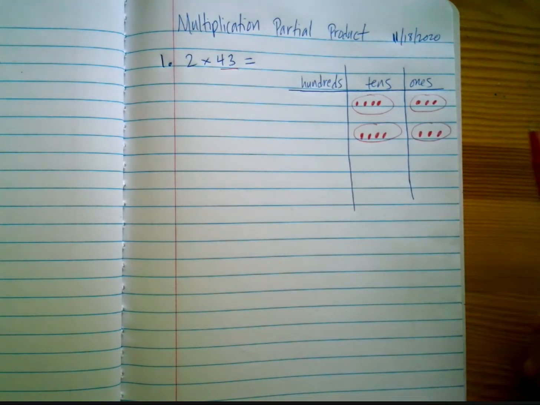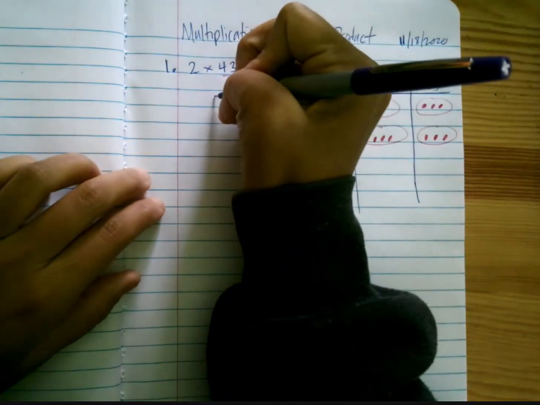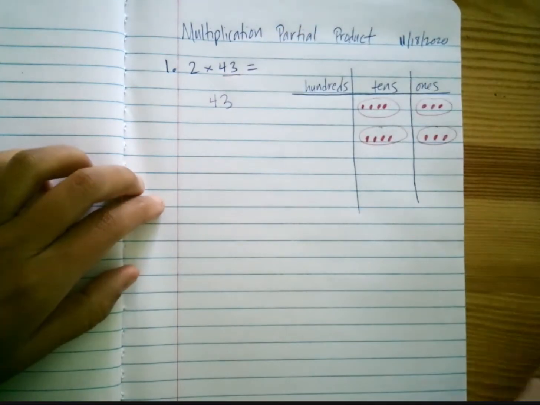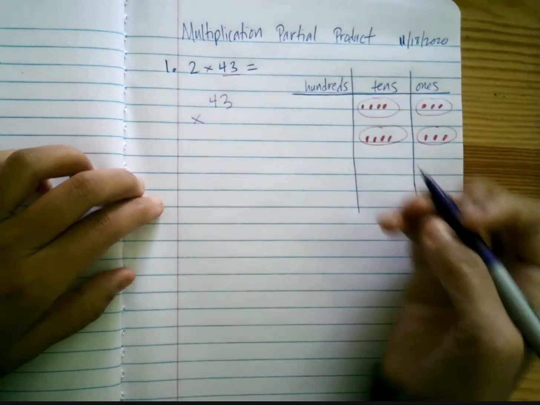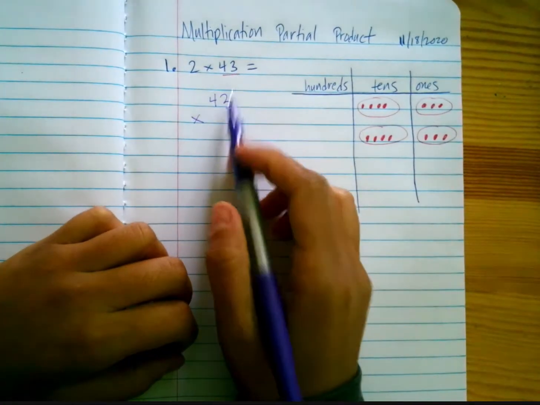Okay, so now for your partial product, you do have to line up the numbers vertically. So 43 times, and it's going to be the same way when you do addition. You line up the ones column.